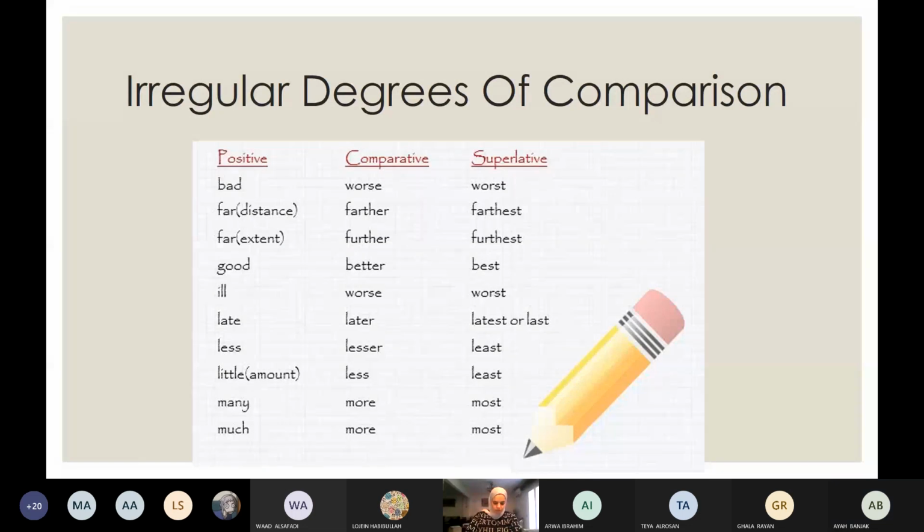Who wants to answer? Lin. In comparative, it will be more cautious, and superlative, most cautious. Yes, more cautious and most cautious. Excellent.